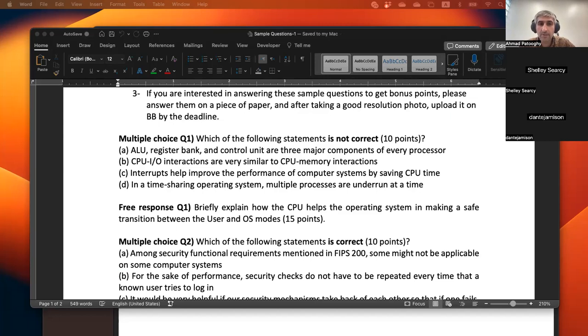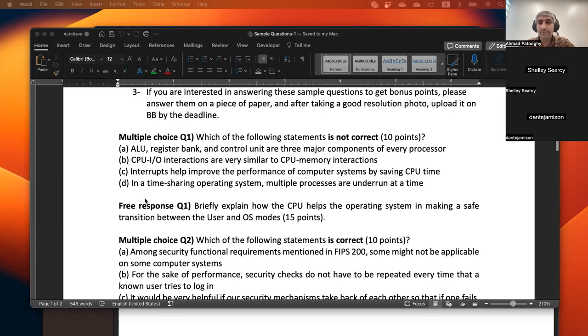So timers can be one answer to this question, and the other answer is something we call the mode bit. There is a single hardware bit in the CPU that shows the current mode of the system. Is the entire system, including the CPU and operating system, working in user mode or kernel mode?